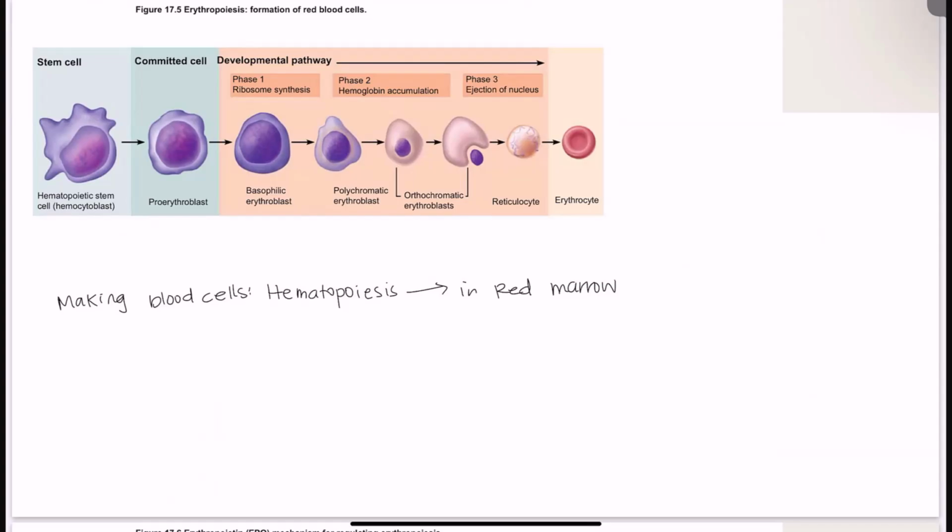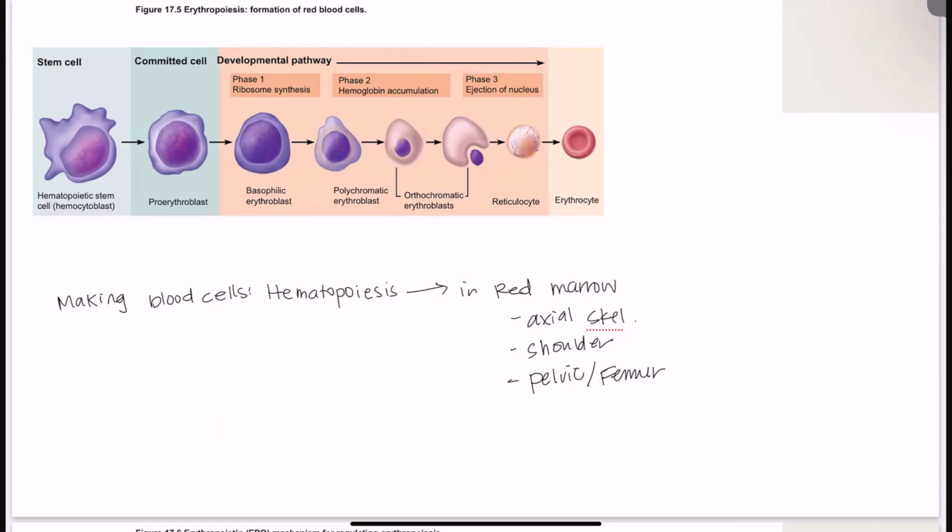We have red marrow mostly in our axial skeleton, but also in our shoulder bones, and in our pelvic girdle and the tops of our femur, so like our hip area. Once our blood cells are made, they enter the blood through really leaky capillaries.